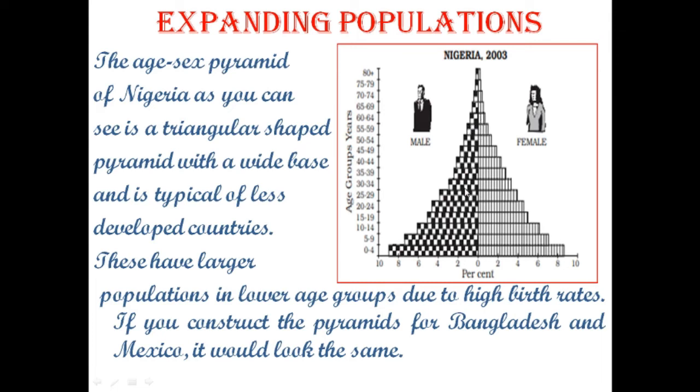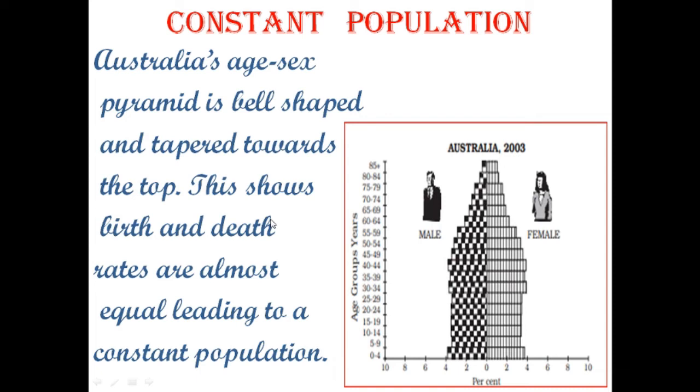The left side shows the population of males, and the right side shows the population of females.